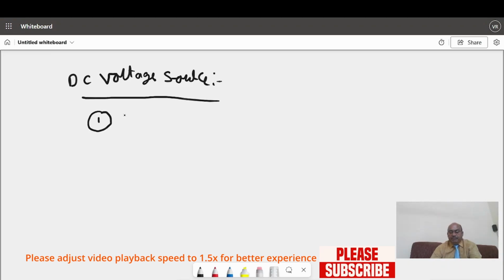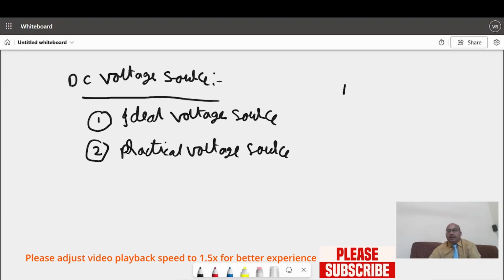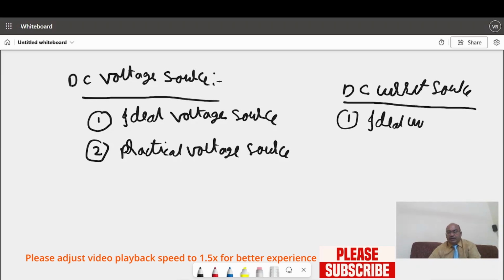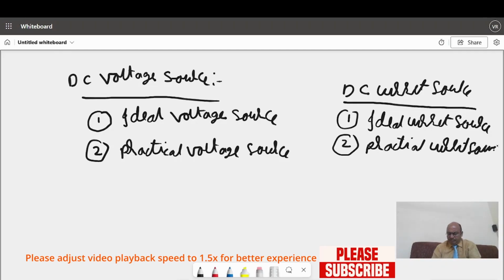One is the ideal voltage source, the second one is the practical voltage source. Similarly, DC current sources are also divided into the ideal current source and the practical current source.